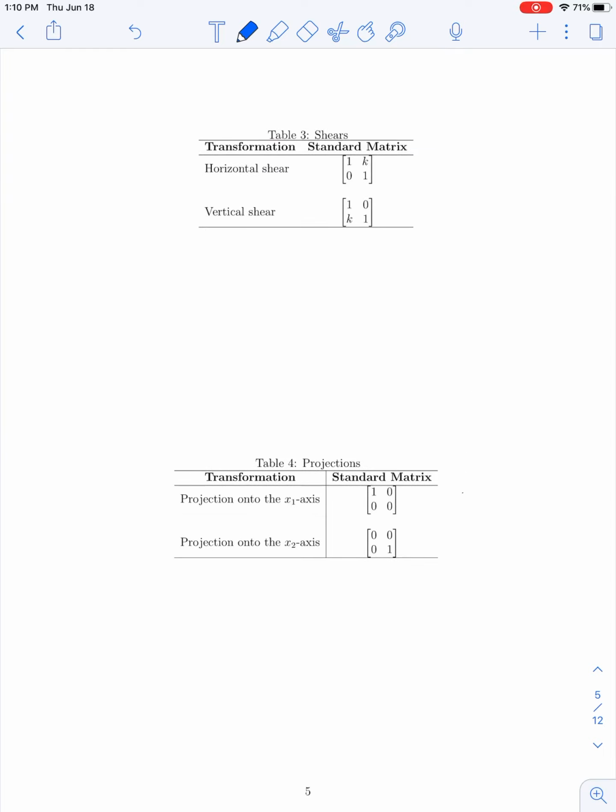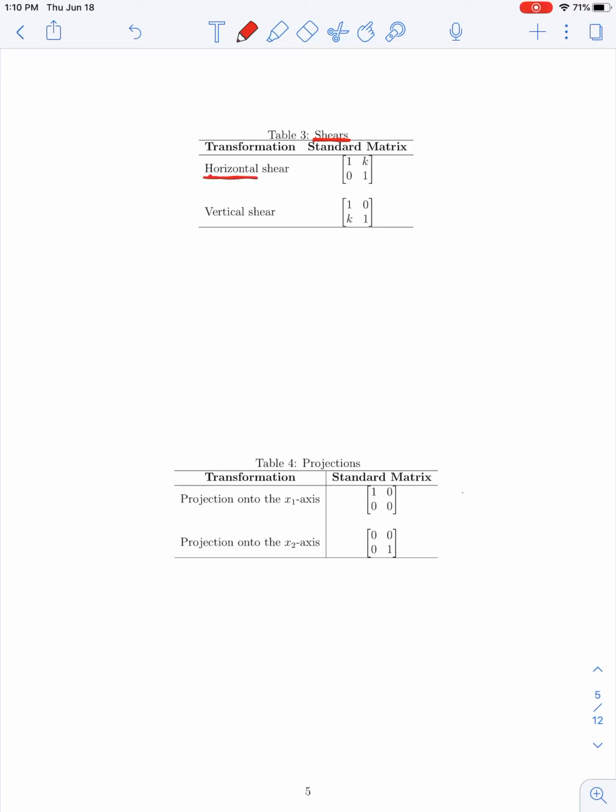Now, in the next couple of tables, we'll discuss some other sorts of transformations that we would see. In Table 3, we'll discuss shears, which we saw an example of in the previous section.